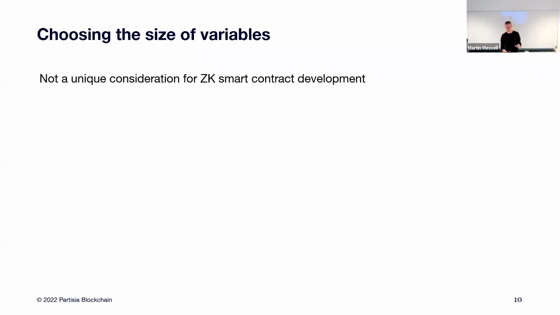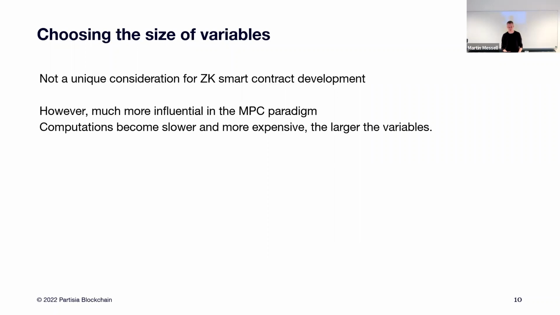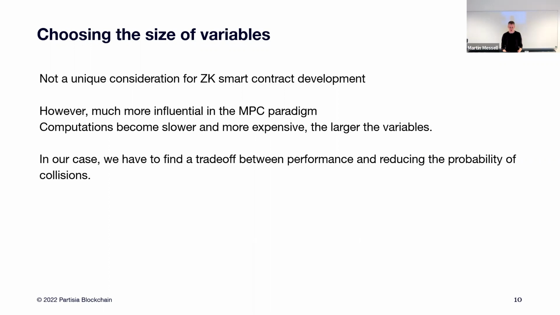But it is, however, much more influential when we are working in this MPC paradigm, as computations become much slower and much more expensive the larger the variables. So we have to find a trade-off between performance and reducing the probability of a hash collision, as we're only using a substring of the hash.